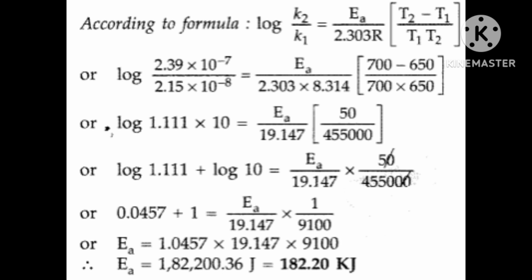Hence when x decreases, it gives double. Better you understand it like this: 2x atm is decreased.